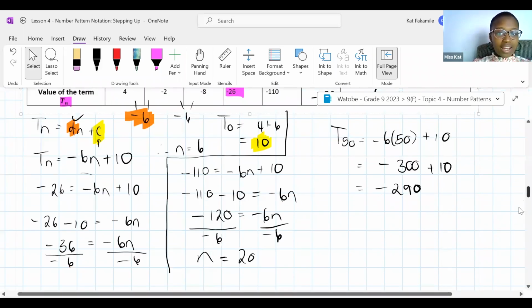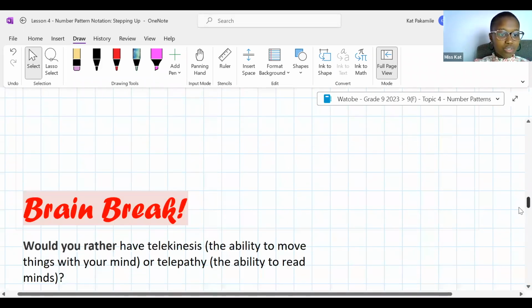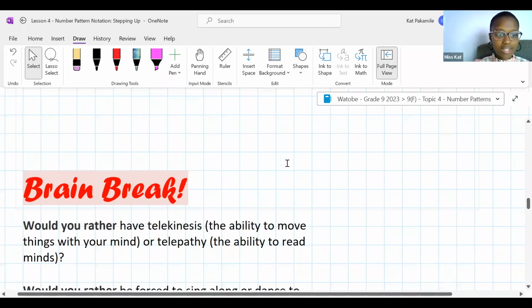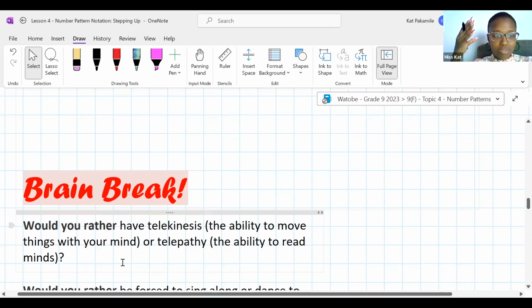Okay, let's do a brain break, guys. Let's do the first one. Would you rather have telekinesis, which is the ability to move things with your mind, or telepathy, which is the ability to read minds? Let's hear what you have to say. Raise your hand, guys.